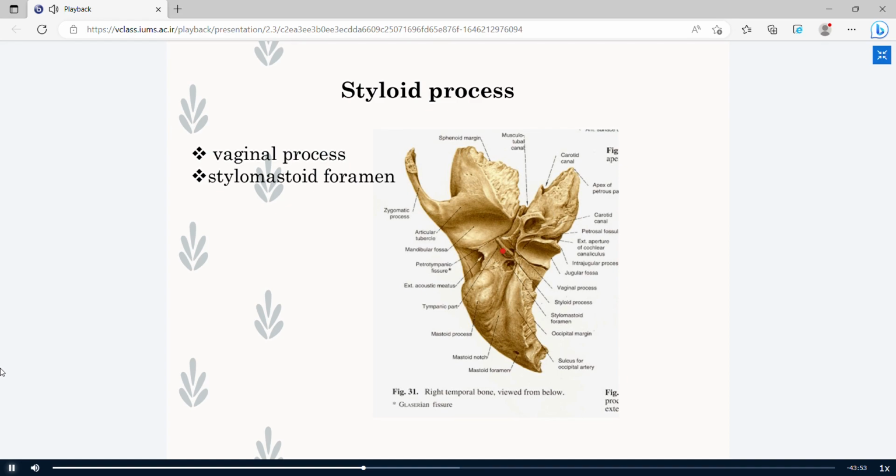If this is the styloid process and this is the mastoid process, there is a foramen between these processes. The name of the foramen is the stylomastoid foramen, for passing the facial nerve. The chorda tympani branch from the facial nerve passes through this foramen.